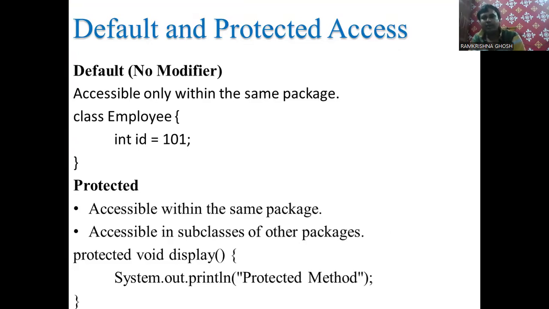Members in a superclass are inherited by its subclasses in different packages. Accessible in subclasses of other packages. The method protected void display, System.out.println protected method. Example of protected access specifier.